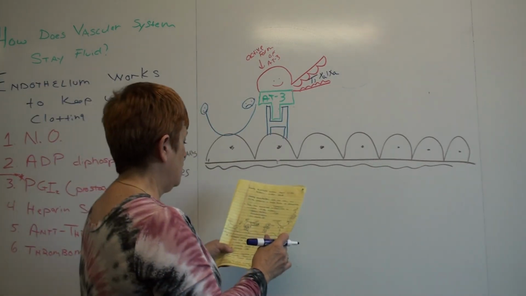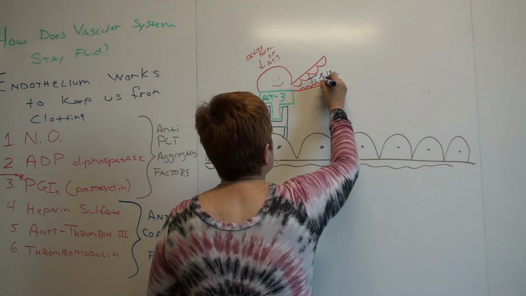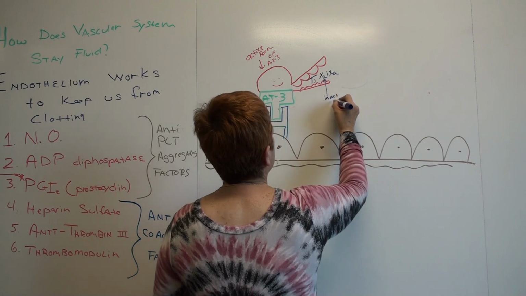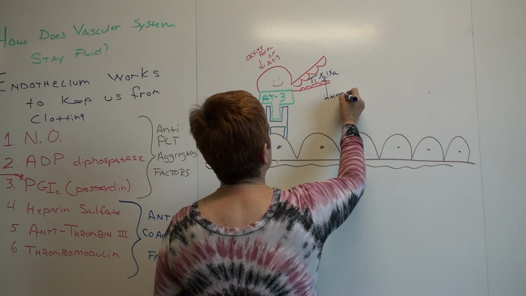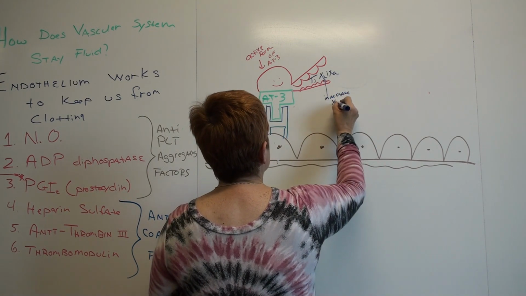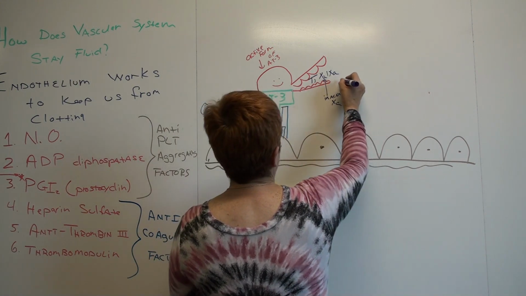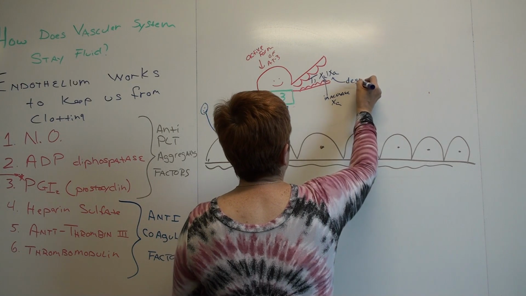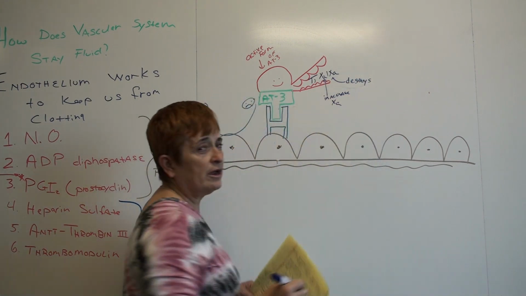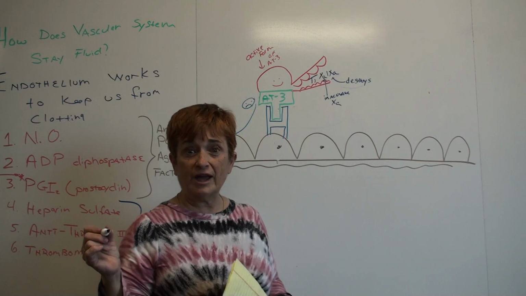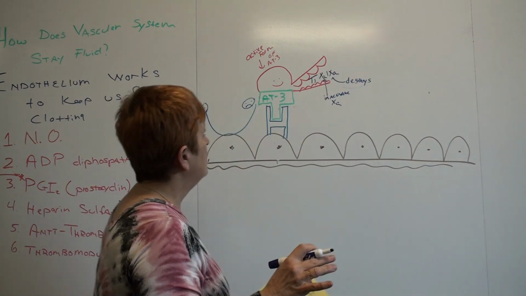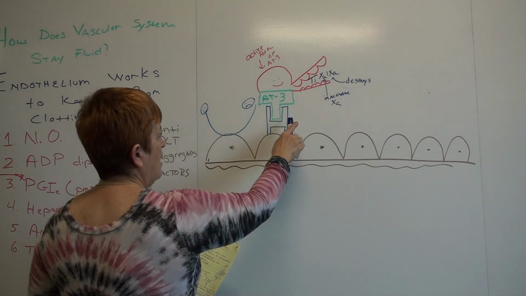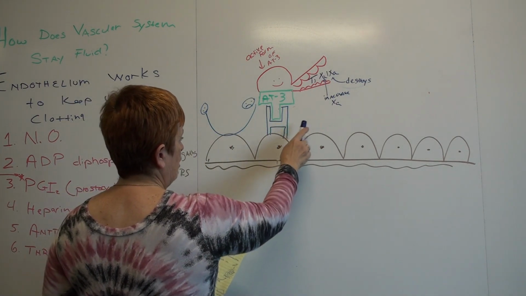All right, so it inactivates 10A, and then it destroys 9. Oh wow, that kind of sounds like the blood bank, right? Bison destroys Duffy. Okay, so that's what your heparin sulfate is on your cells.